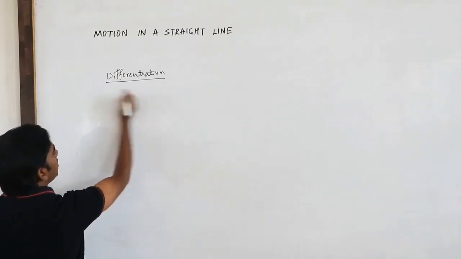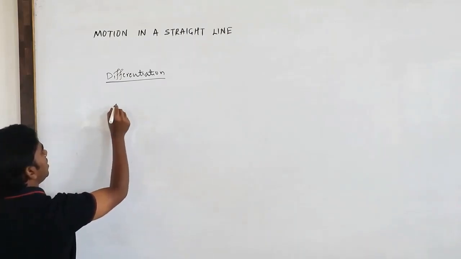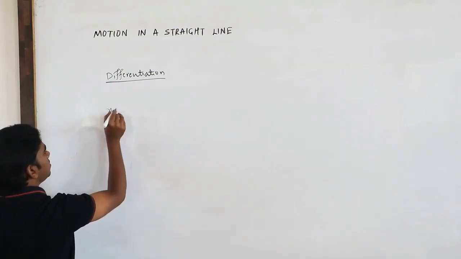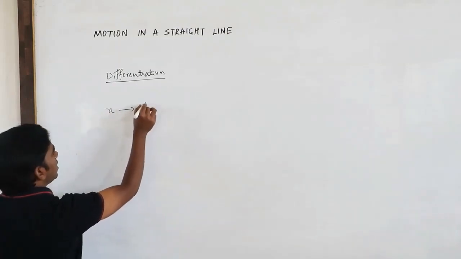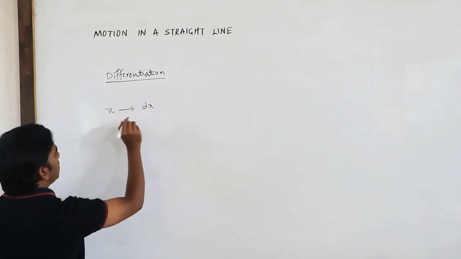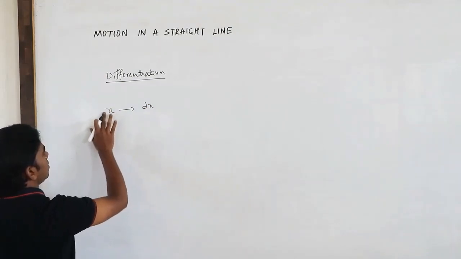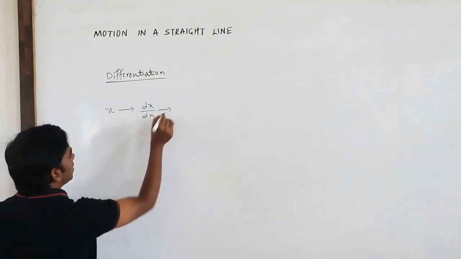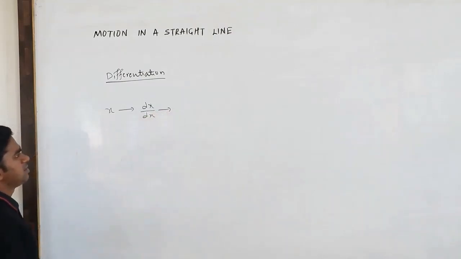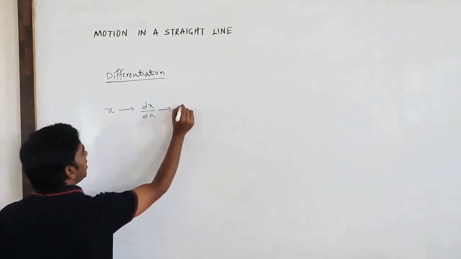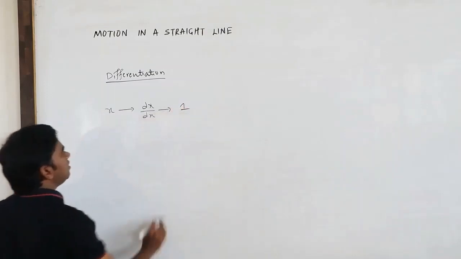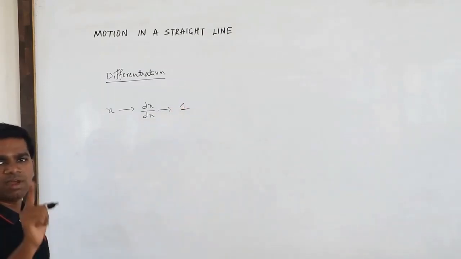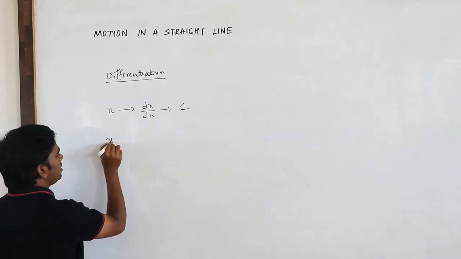Suppose I say differentiation of x, you can write it as dx by dx, and you will get 1. Differentiation of x is 1. Remember. Suppose it is x square.